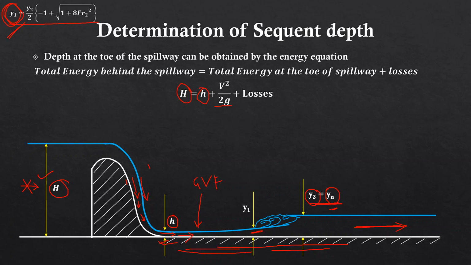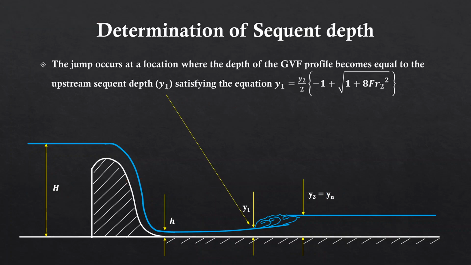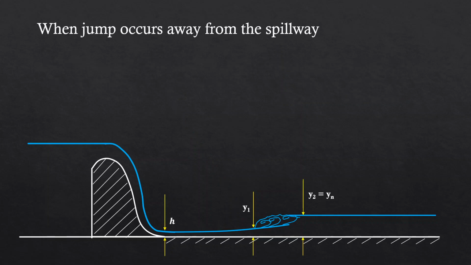Therefore, we can conclude that the jump occurs at a location where the depth of the GVF profile, this is a gradually varied flow profile, becomes equal to the upstream sequent depth y1, satisfying this equation. Now, if y2 decreases, if this depth is less, then y1 will increase.